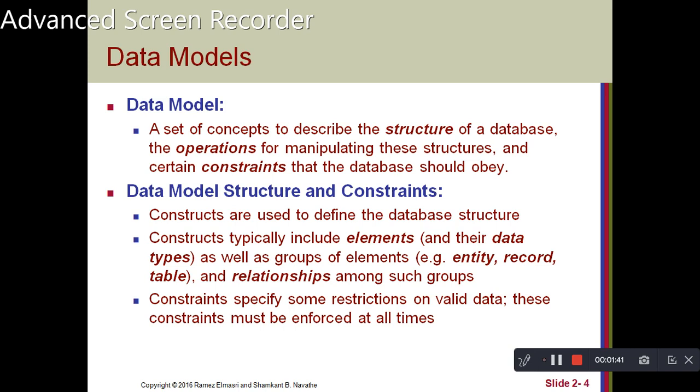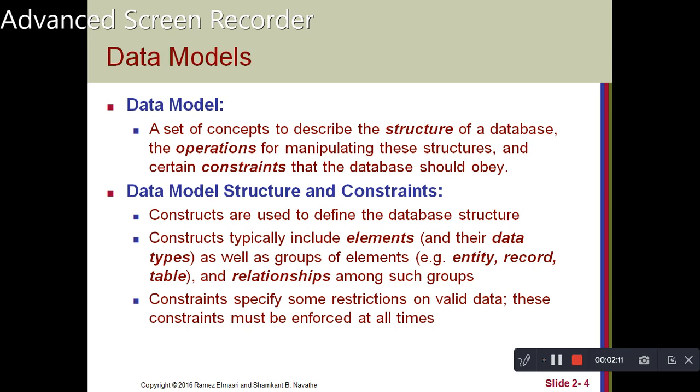Now, data model structure and constraints. How will the data model structure be designed or constructed? You are going to use constructs to define the database structure, and those constructs typically include elements, groups of elements, and the relationships among such groups of elements.